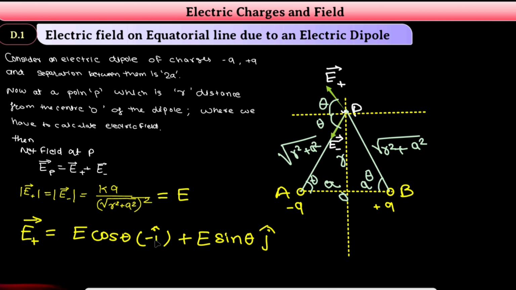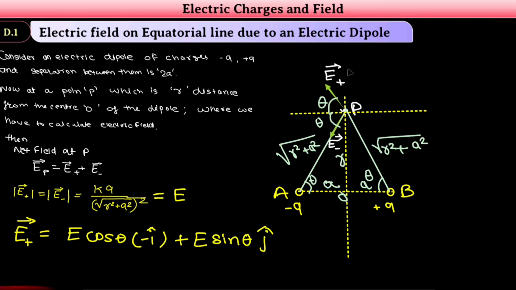Why is this taken as minus i cap? Because if we resolve this vector into its components, then the E cos theta will be along this line, which is negative x-axis, so minus i cap, and E sin theta is along the positive y-axis, so E sin theta with j cap.